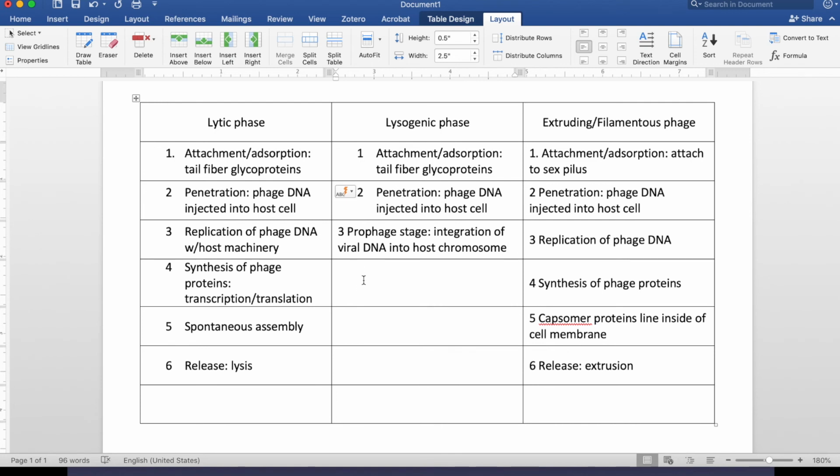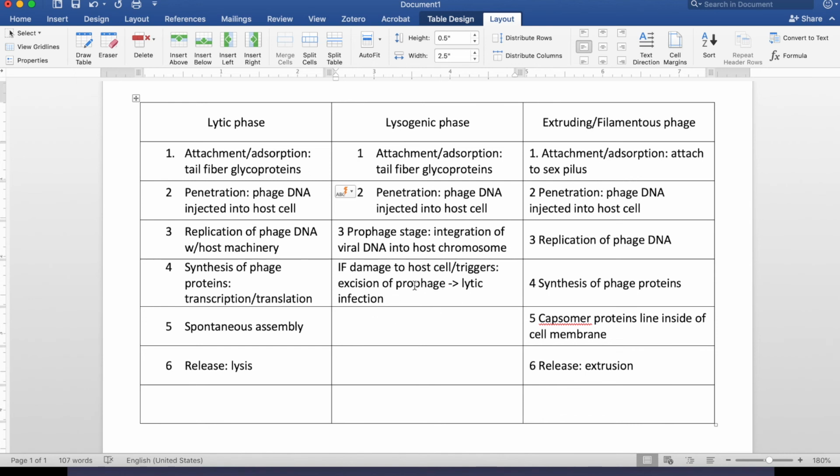Now, at some point, if that host cell becomes damaged, if there are environmental stresses, if there's extensive UV damage, etc., then this lysogenic phase could end. So if there is damage to a host cell or there's other environmental trigger, then you can have the excision of prophage. And if you do, this will lead to a productive, or I would say a lytic infection.